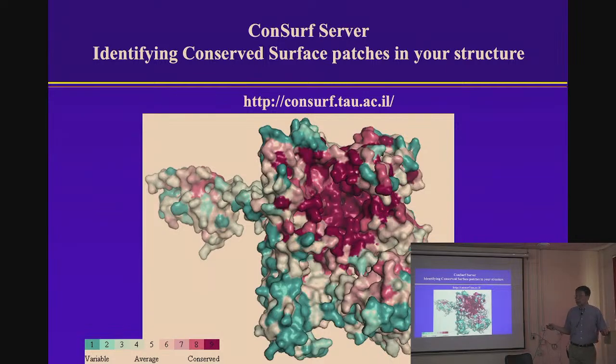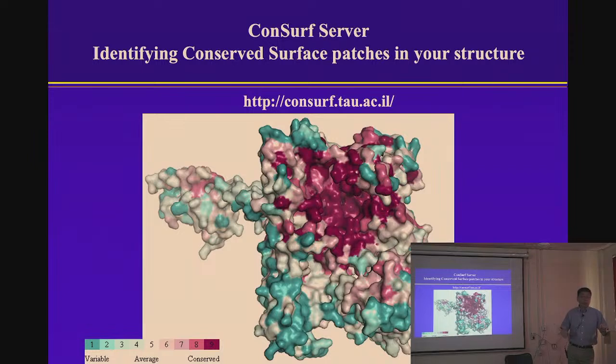And then another server that's quite useful, very powerful as well, is called ConSurf. Have you heard of it? No? Okay. ConSurf means conservation surface. What this does is you upload your PDB file to the server, which is based in Israel, and it extracts the sequence of your protein from the PDB file.